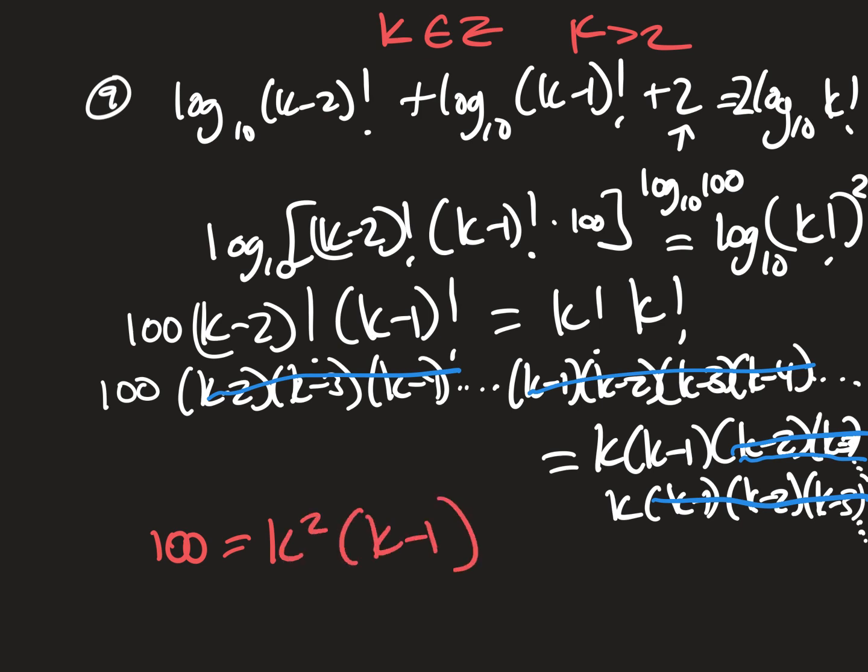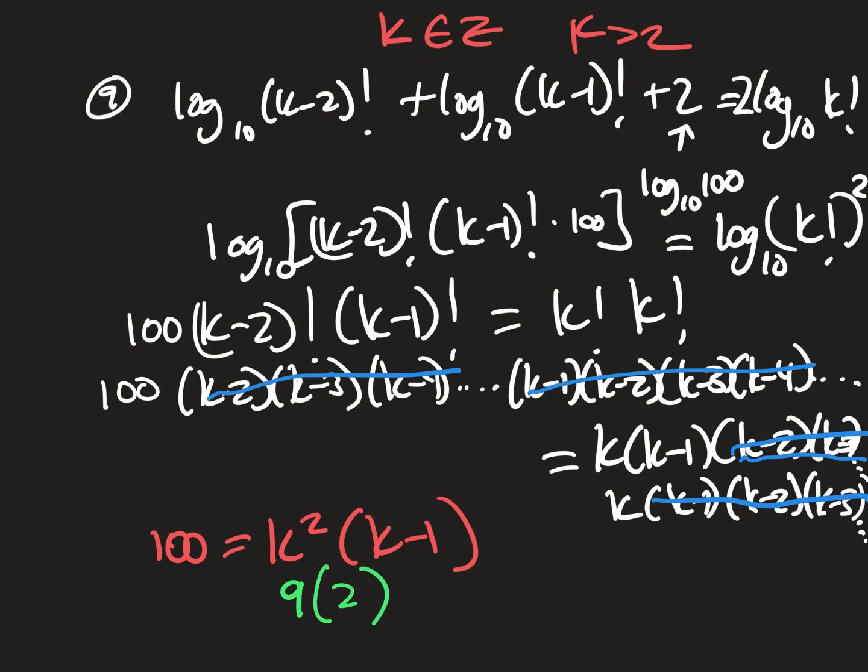So honestly, at this point, I would do a little bit of guess and checking. I know that k is an integer, and I know that k is greater than 2. So let's just test 3. If I plug in 3, I'd get 9 times (3 minus 1), which is 2. Way too small.